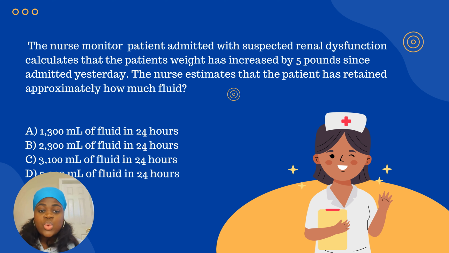So this is common. Weight gain is common in patients with kidney disease, because remember, the kidney is not filtering the blood. The patient is retaining all these fluids, so there's a lot of retention going on.